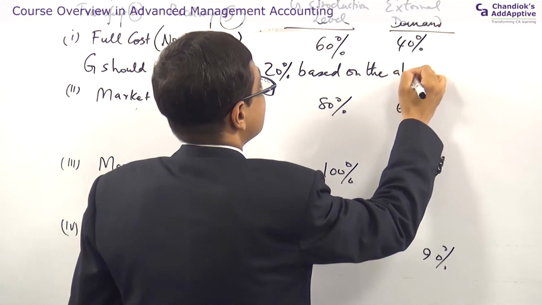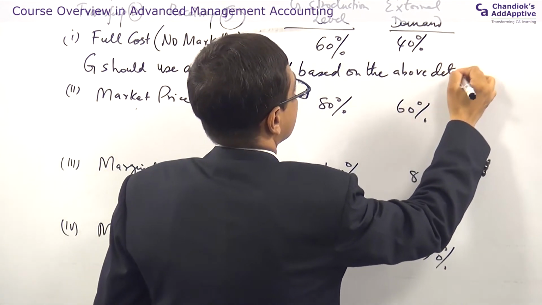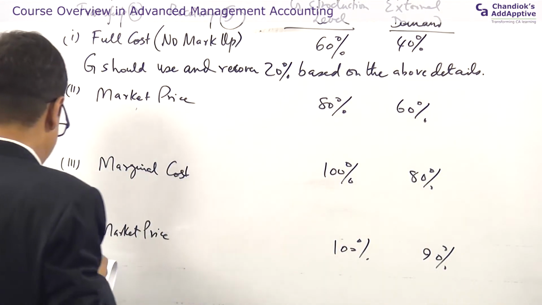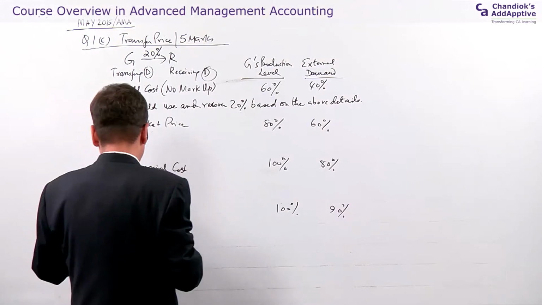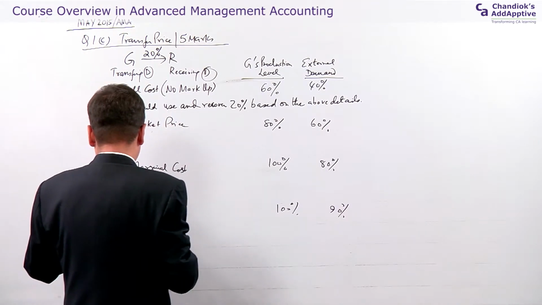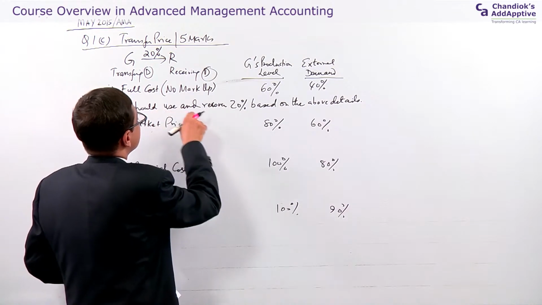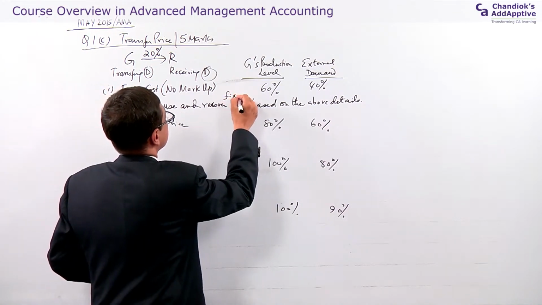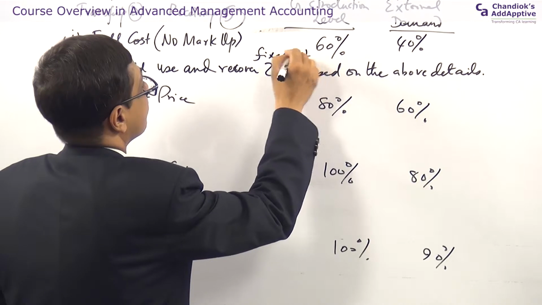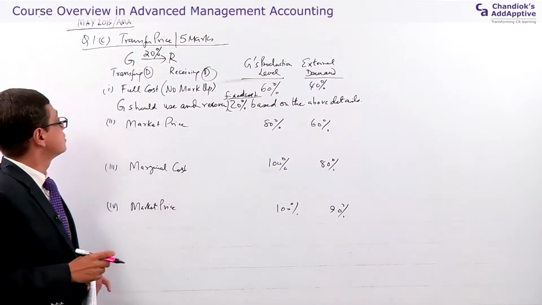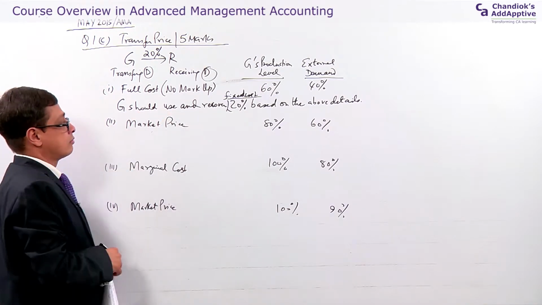It should be further by giving 20% of its production capacity to division R at full cost. What will it recover? G should use and recover fixed cost. Right? So this is the reason.